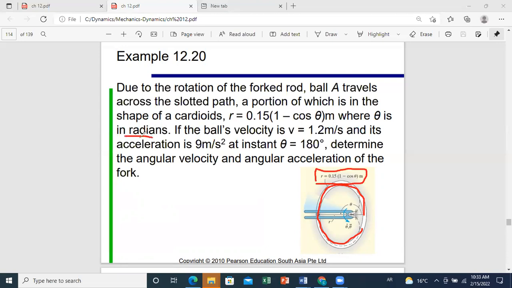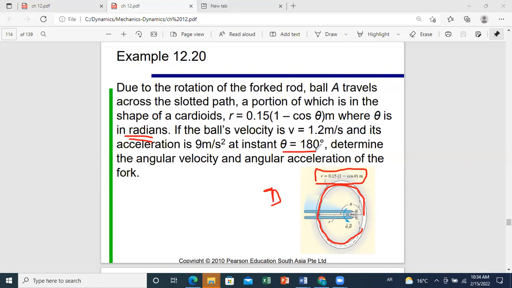Please pay attention that for your theta values, whenever you replace, you should use radians in your equations. If you want, here in your calculator, if your mode is degrees, it's fine, then you put your angles in degrees.